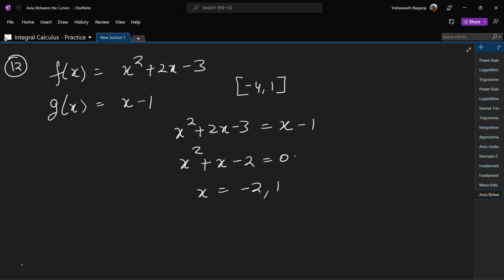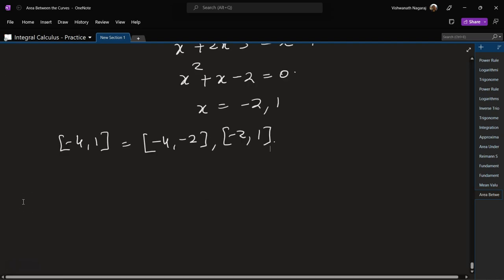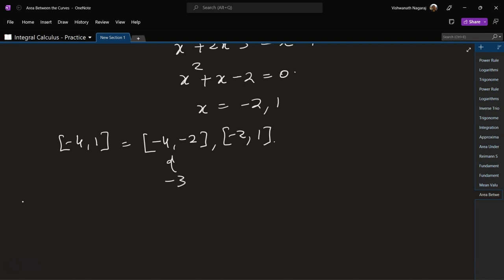1 is the boundary. So only minus 2 is applicable here. So minus 4 comma 1 gets split into minus 4 to minus 2 and from minus 2 to 1. Now let's here take minus 3 and here let's take 0.